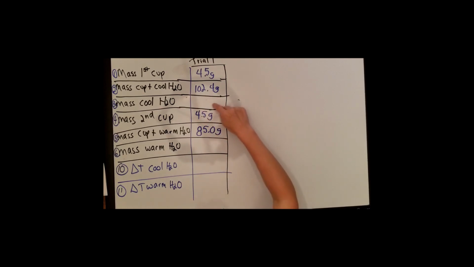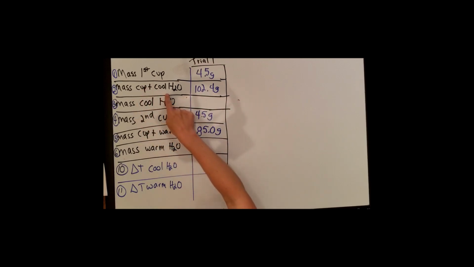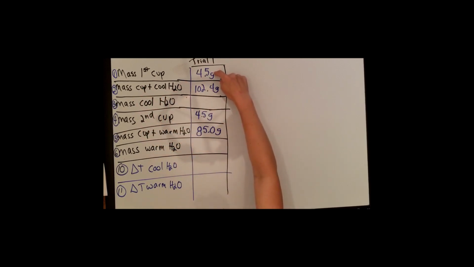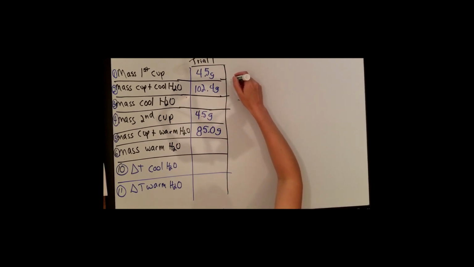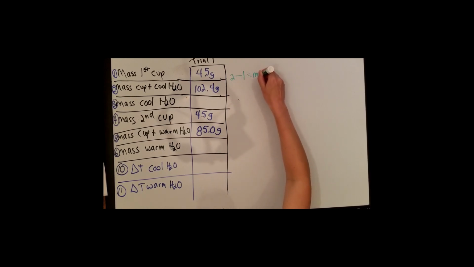So to figure out the mass of just the water, we need to take this 102.4, which is the cup and the water, and subtract away just the mass of the cup. So if we take number 2 and subtract number 1, that will give us the mass of just the cold water.